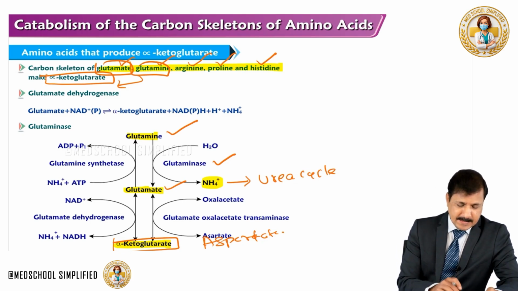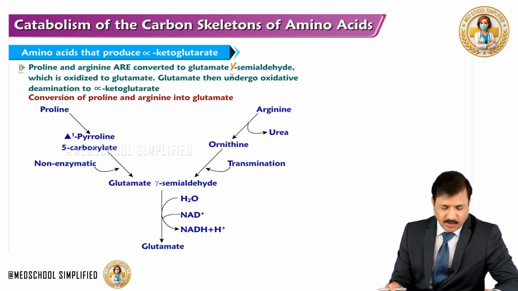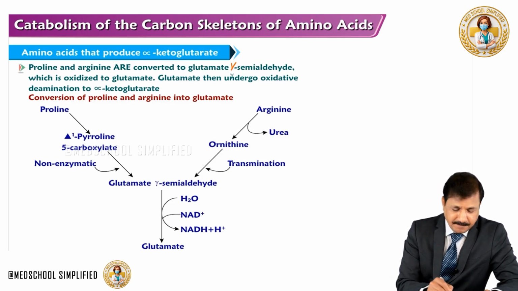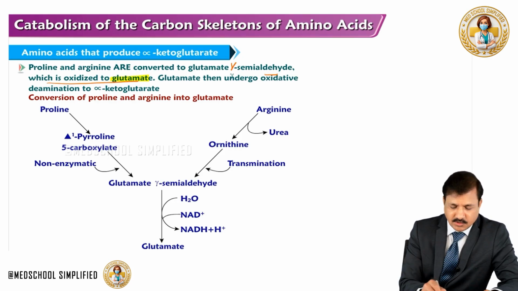Now, let's move on to see how arginine and proline are converted to alpha-ketoglutarate. Proline and arginine are converted initially to glutamate gamma semialdehyde, and then this glutamate gamma semialdehyde will be oxidized to glutamate.